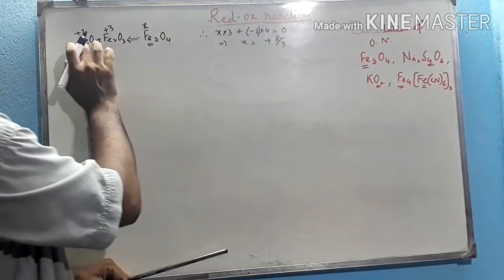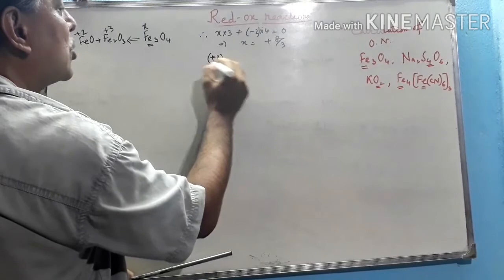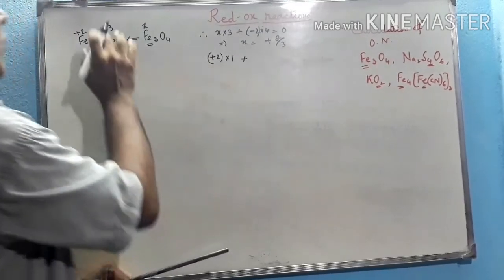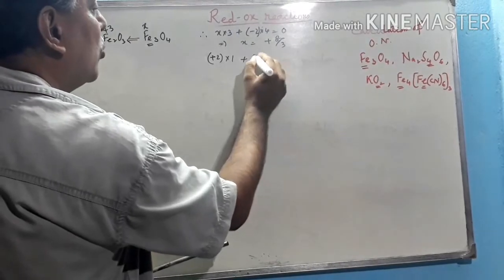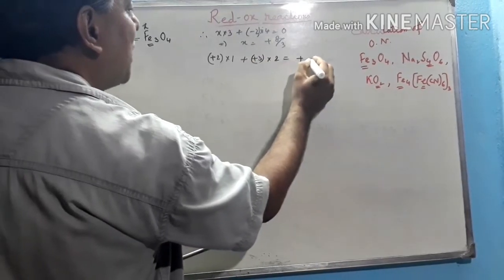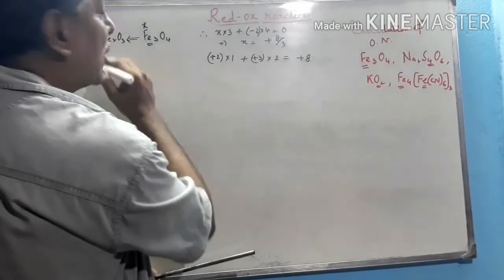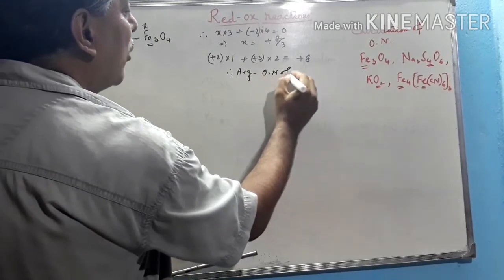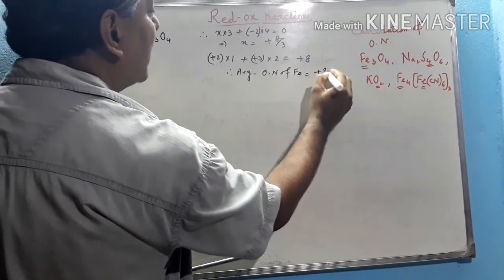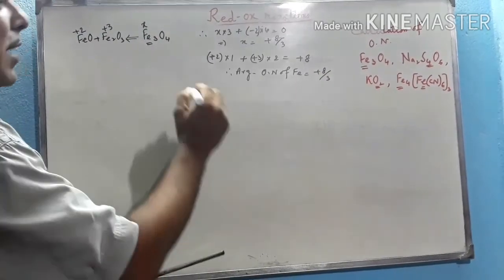In FeO there is only one atom of iron, so plus 2 into 1, plus in Fe2O3 there are 2 atoms, so plus 3 into 2. So the overall charge becomes plus 8. In total there are 3 atoms of iron, so the average oxidation number of iron becomes plus 8 by 3, because the total charge is distributed over the 3 atoms. This is the first case.